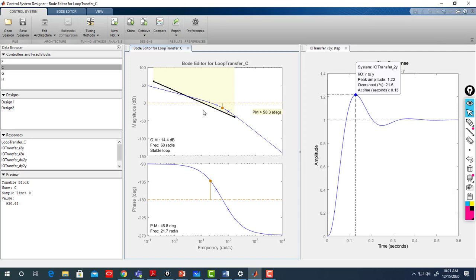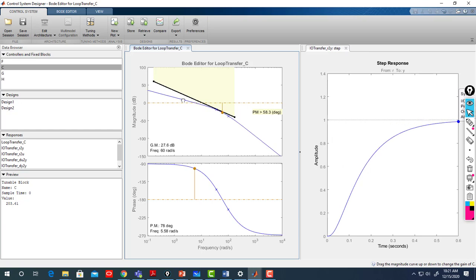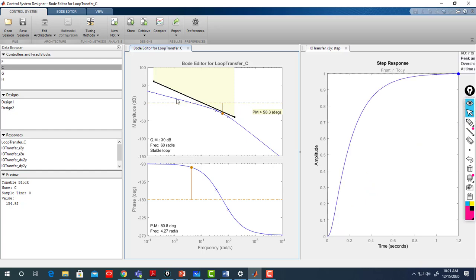So it becomes longer. So you see now, this is my slope. It means I'm not really satisfying my requirement this way. So I need to reshape it to get something similar to this.